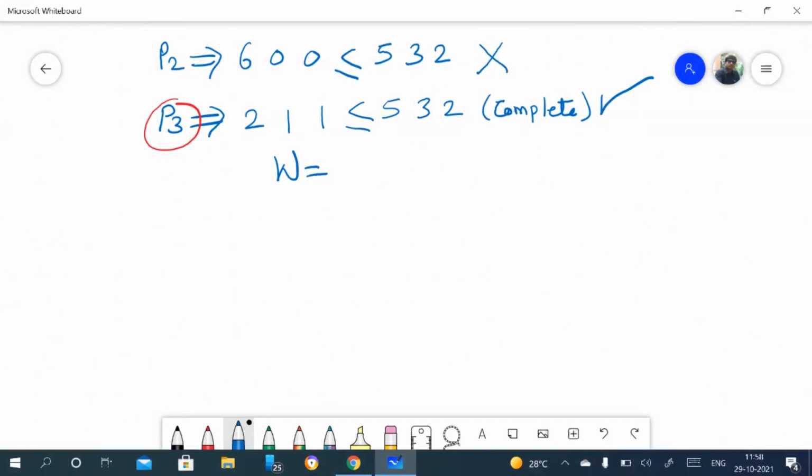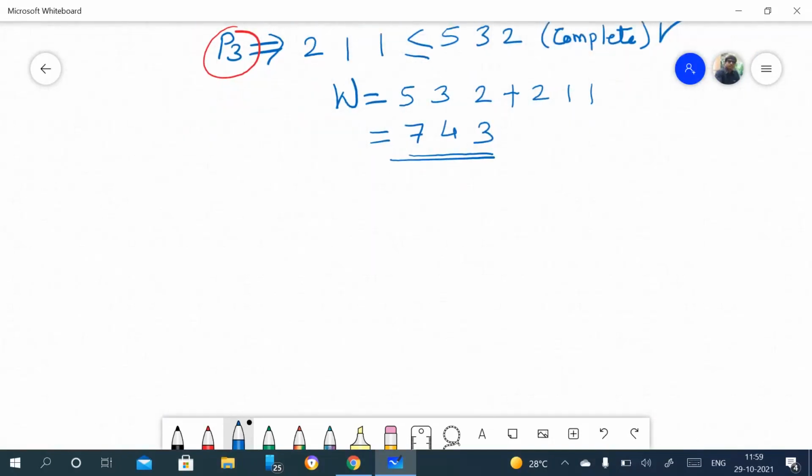So now the updated W would be 5, 3, 2 plus the released 2, 1, 1. So this is 7, 4, 3, right? So now these are the updated resources in our hand.